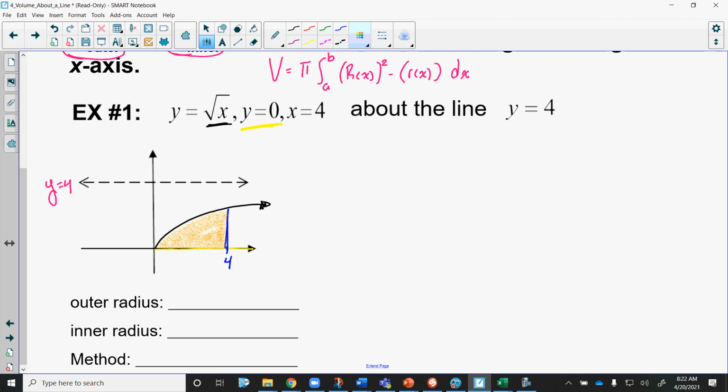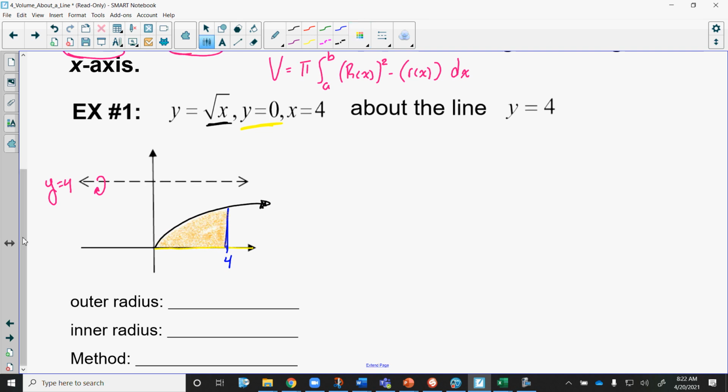So you can imagine as we rotate around this line, I'm not even going to attempt to draw it because my artistic skills don't allow me that level of immersion, unfortunately. But we're going to take that shape and rotate it around.